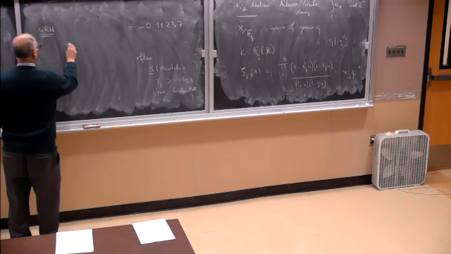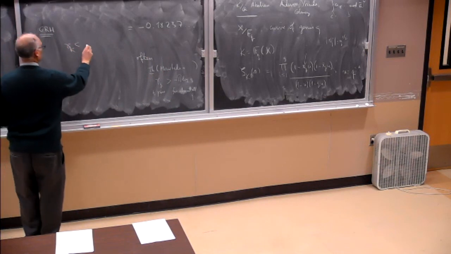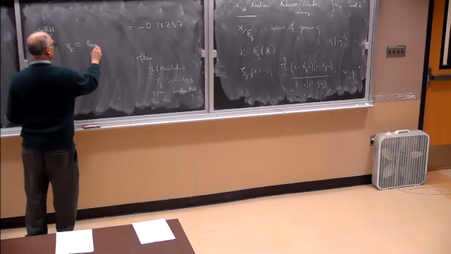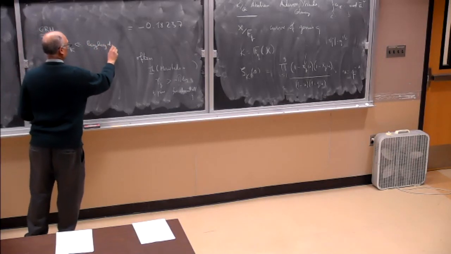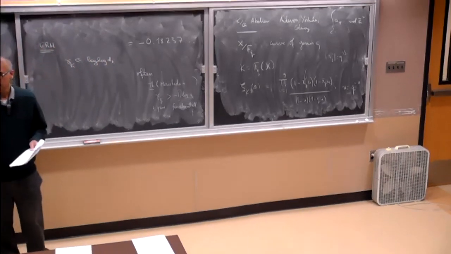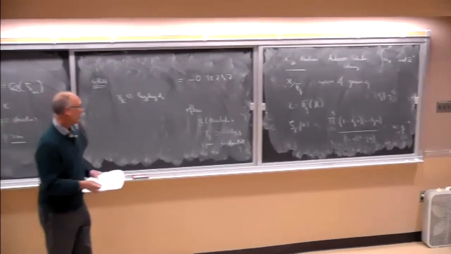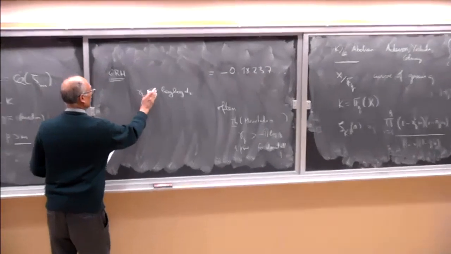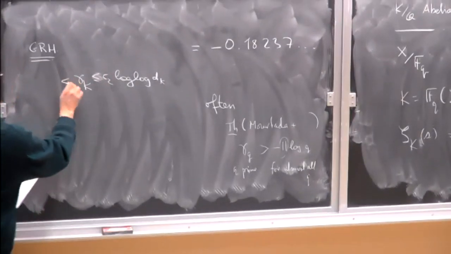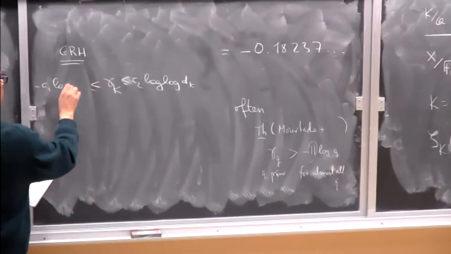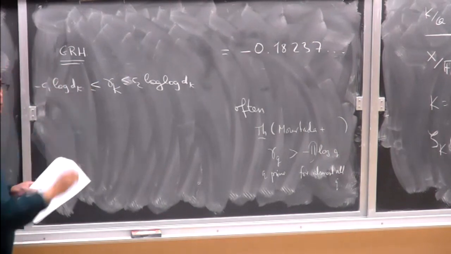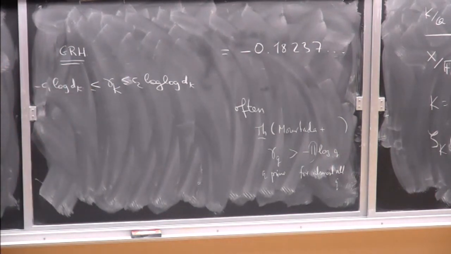He showed that this gamma constant is trapped from above by a constant times log of the discriminant. So by the way, we're now entering into hardcore analytic number theory, so be prepared to hear logs a lot. Triple log. So log of the discriminant, it's less than or equal to C2, bigger than or equal to minus C1 times log of the discriminant. Okay. Assuming the Riemann hypothesis. And this is Ihara.